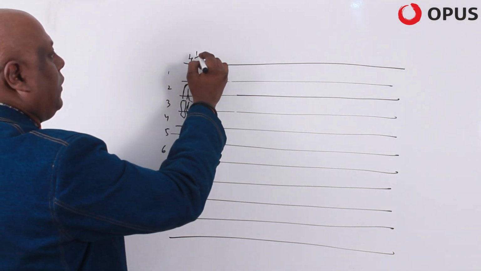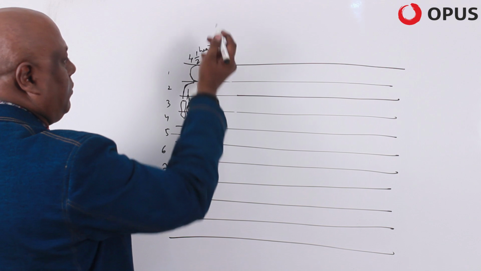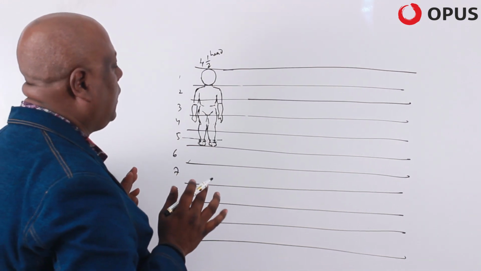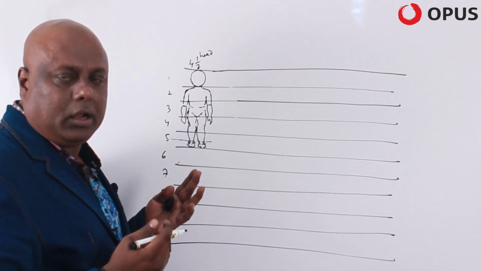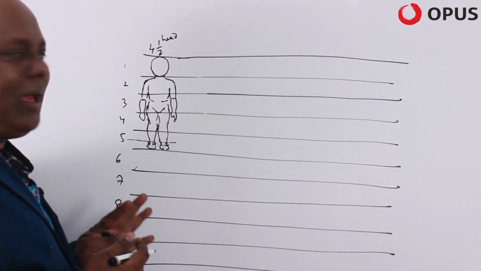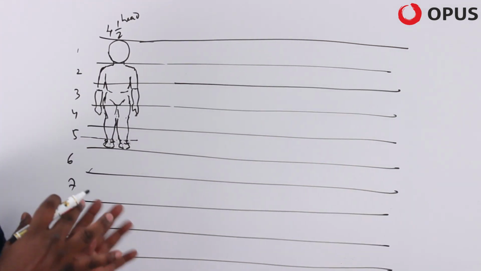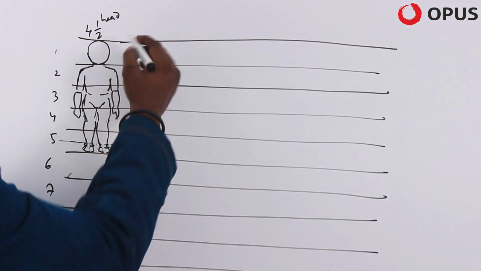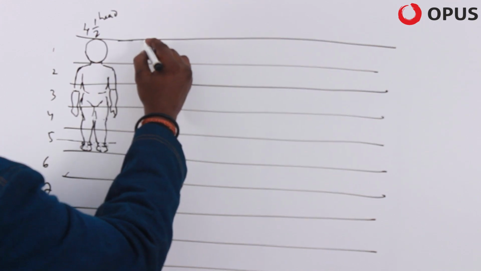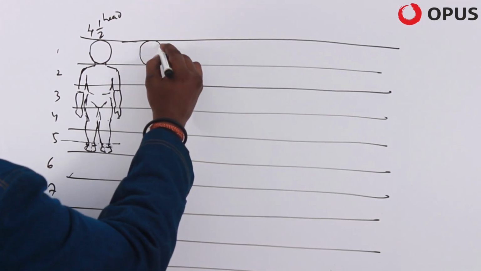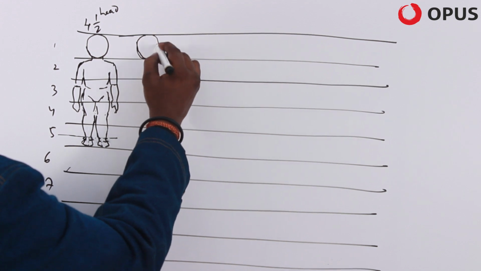It's a small child, right? Male or female, you cannot identify, because the body type is not so defined. Next, the head remains the same.